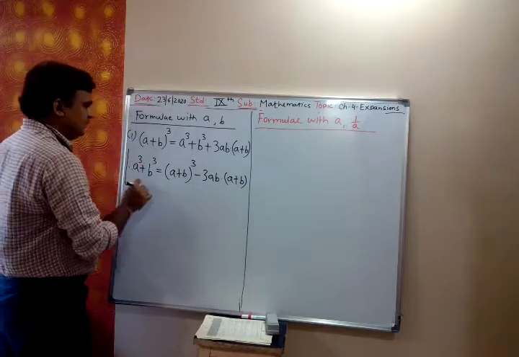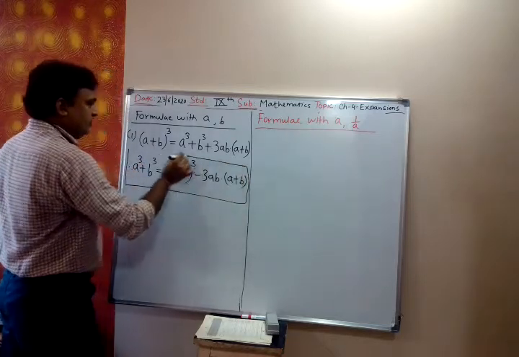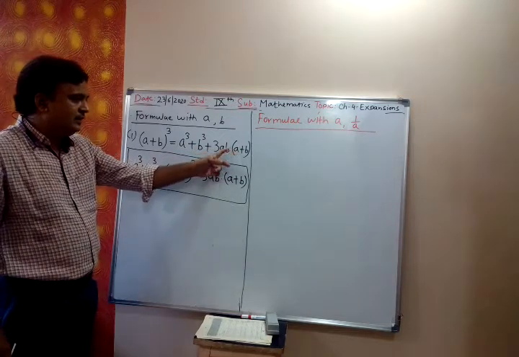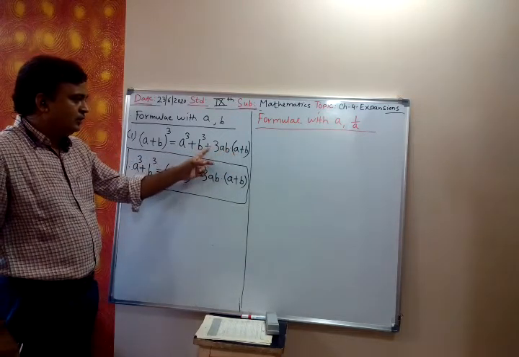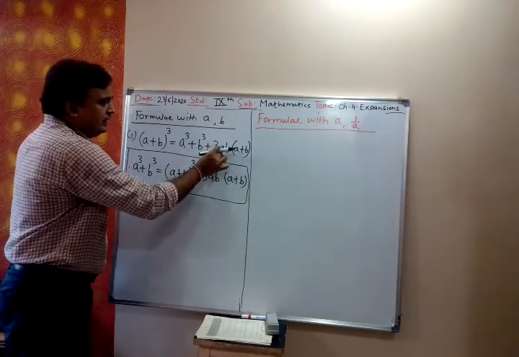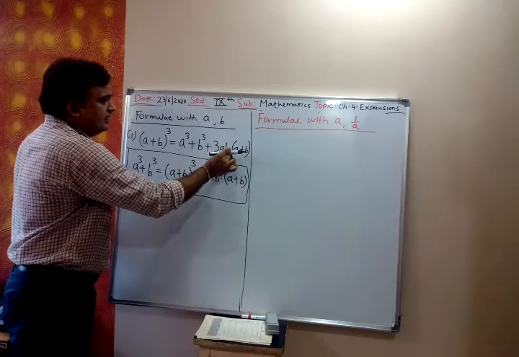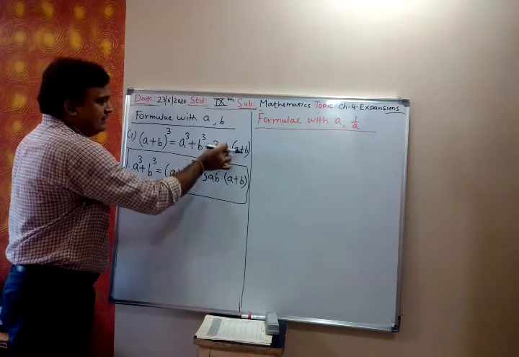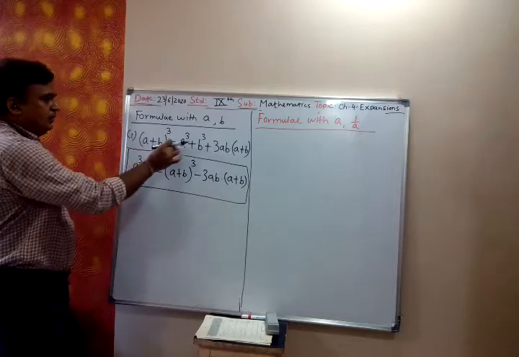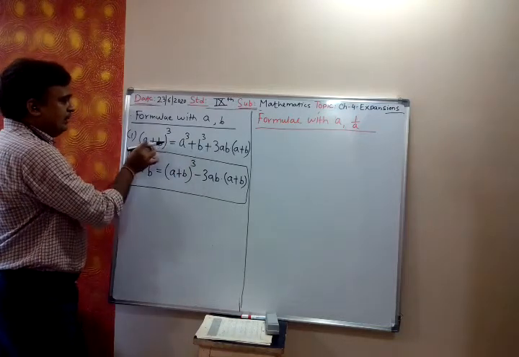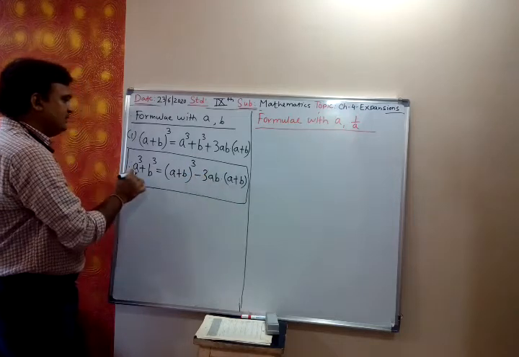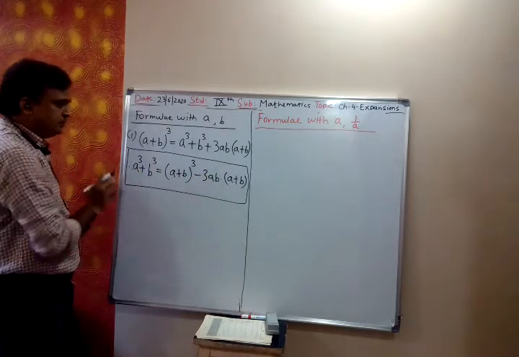The bracket sign will not change because there it is multiplication. 3ab into a plus b is one term, so only their common sign will change. This is the formula for a cube plus b cube.